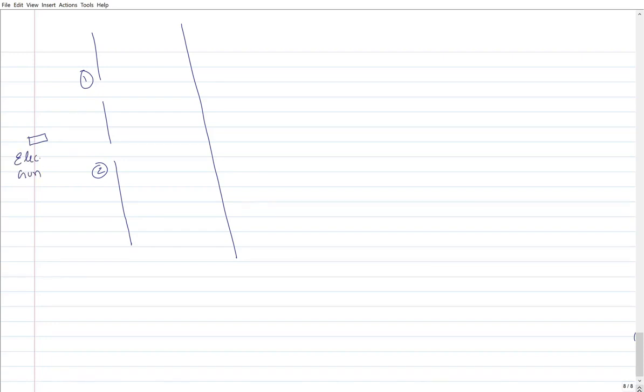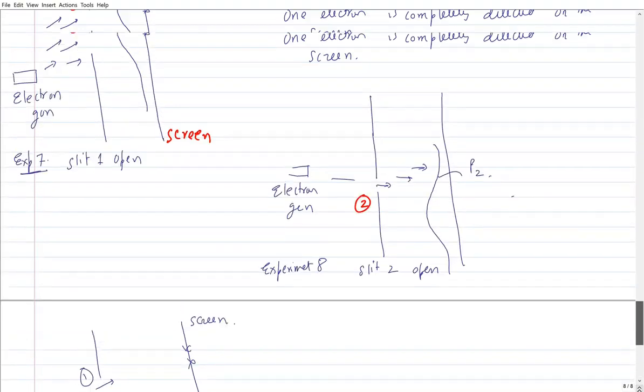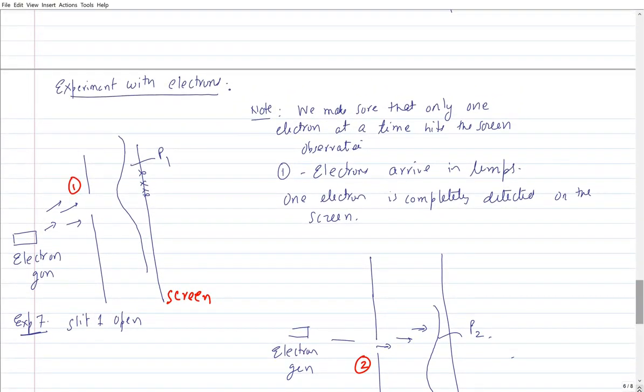And I am detecting electrons on the screen. So what do I observe in this case? Again, as electrons are hitting there, the electron gun is spreading all over, the electrons are going, and I get click, click, click, click. Of course, mind you, make sure I only have one electron.